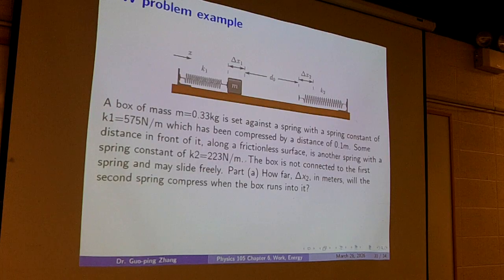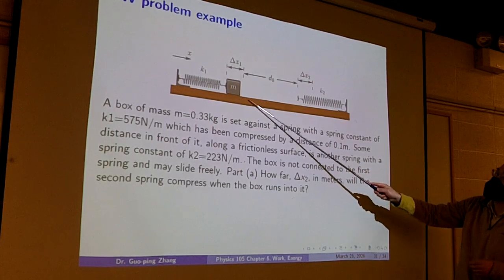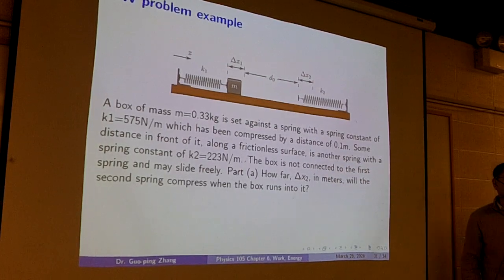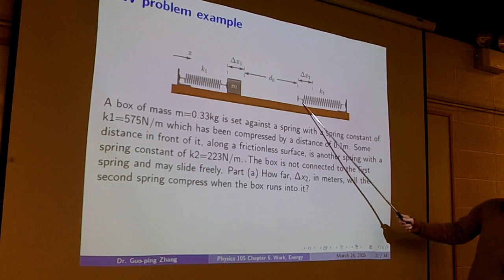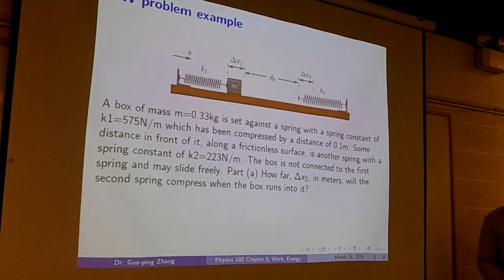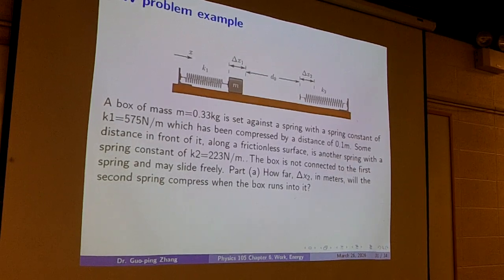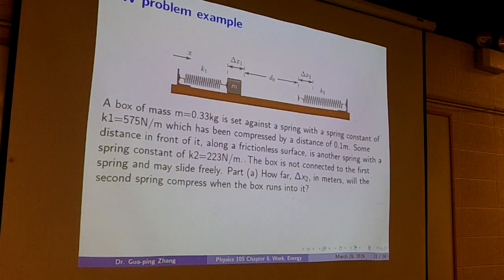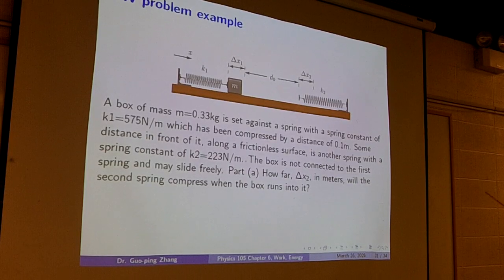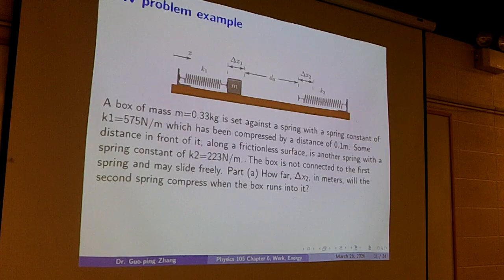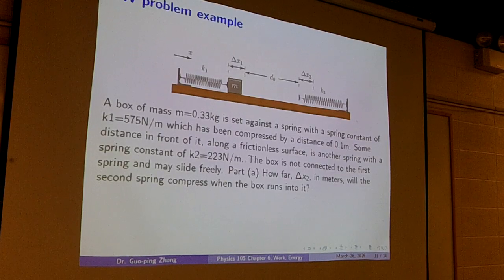The box is not attached to the first spring, so it can slide freely. If you release it, it's going to move in that direction. When it hits this second spring, it's going to compress it further. The question is: how far, delta x2, is it going to be? In other words, how much is the compression going to be?